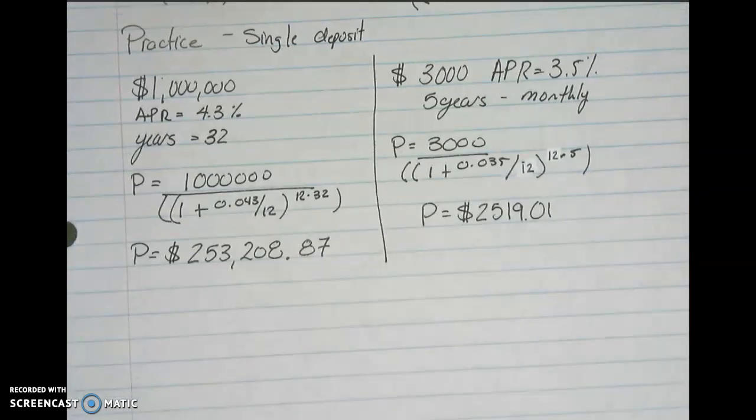Here's the sad part: if you need $3,000 in 5 years at 3.5, you still have to have $2,519.